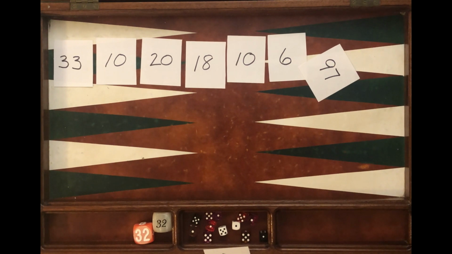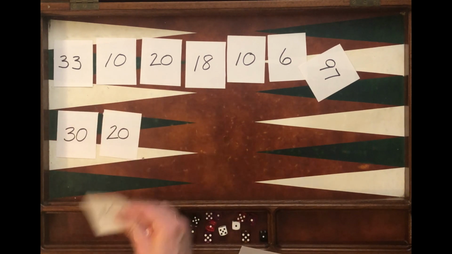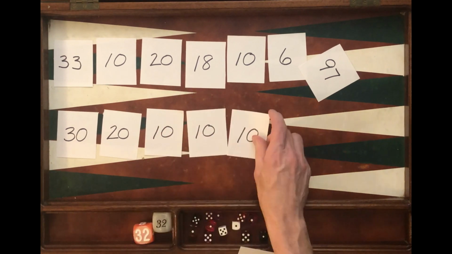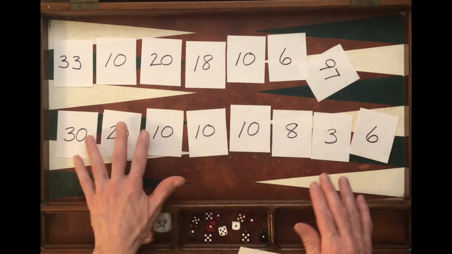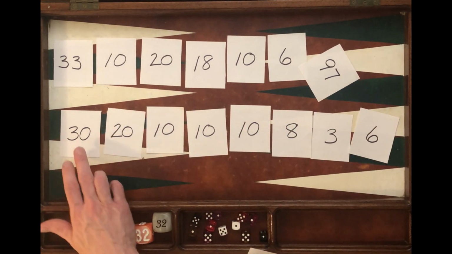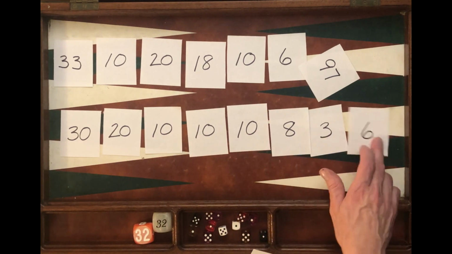Not too hard. Let's count and add this series of numbers. 30, 40, 50, 60, 70, 80, 88, 91, 97.